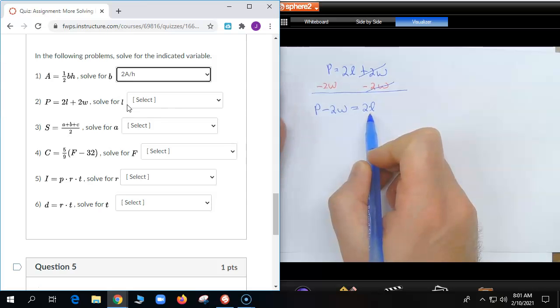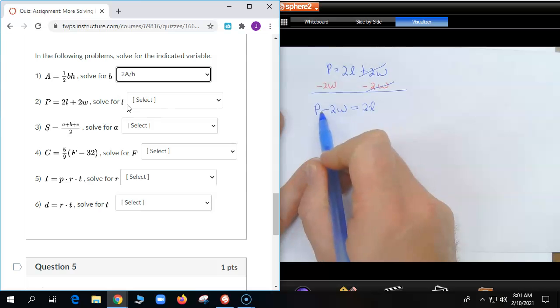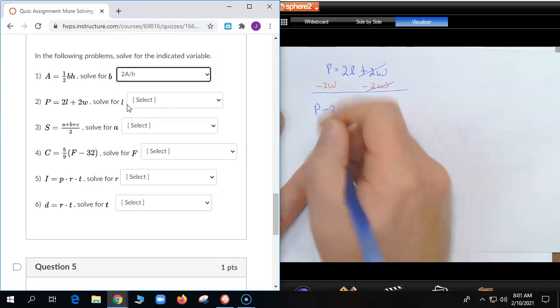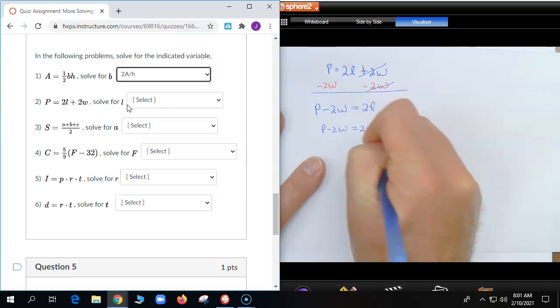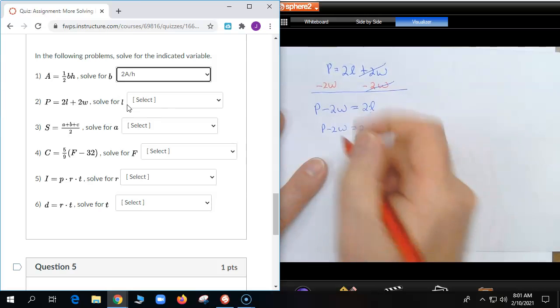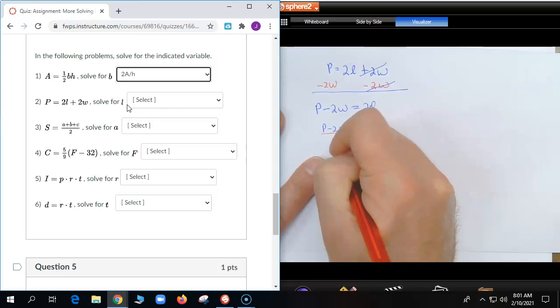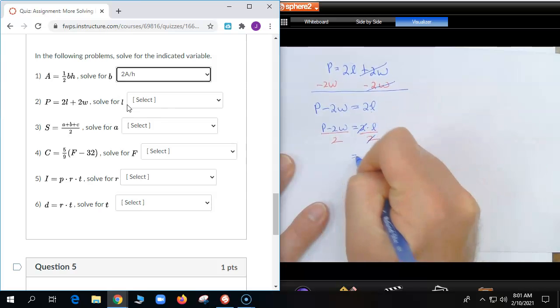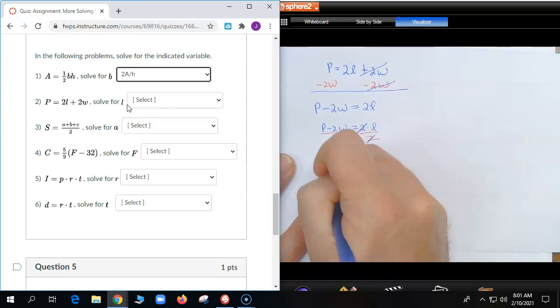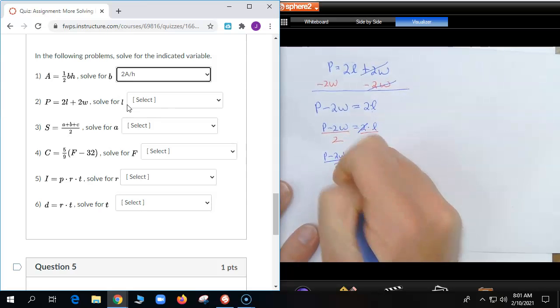So we have to take this expression and divide both sides by 2. I divide this side by 2, and I have to divide that whole side by 2. When we do that, the 2's cancel, and we end up getting P minus 2W all over 2.